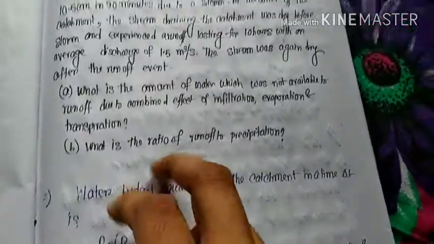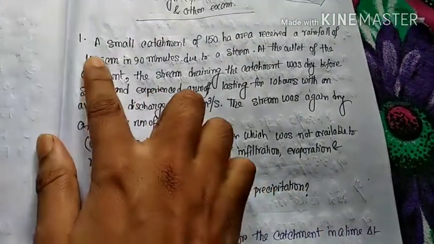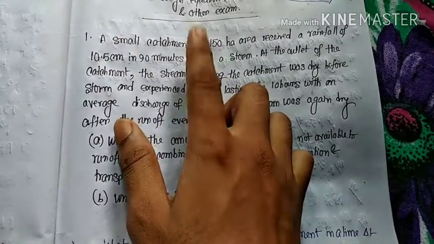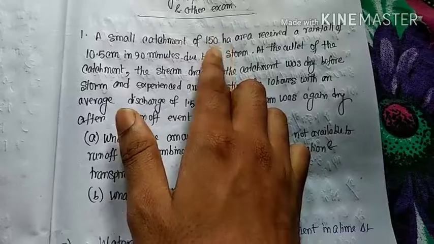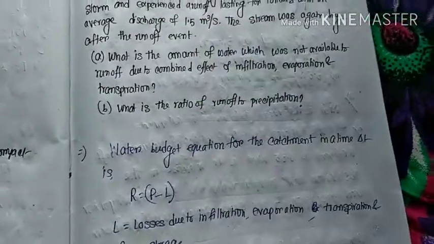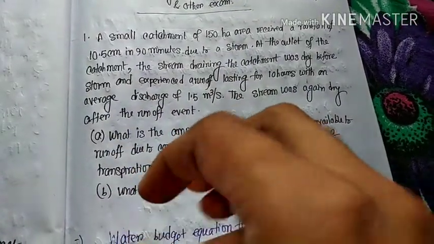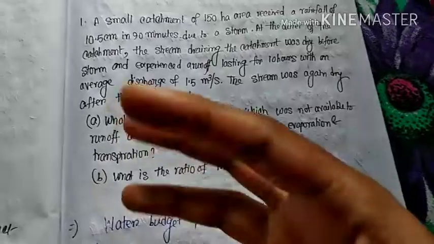Now you have a precipitation of 10.5 centimeter occurring over the catchment area of 150 hectare. If you multiply that with time, I have already told you that this is related to the continuity equation, right?